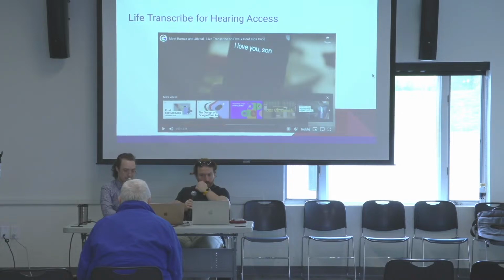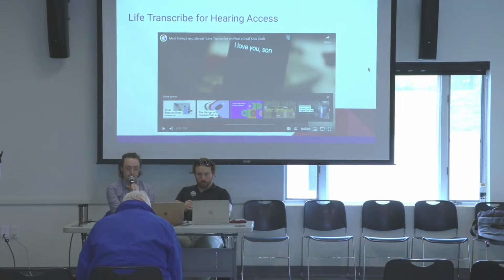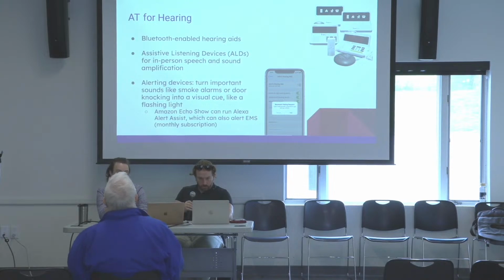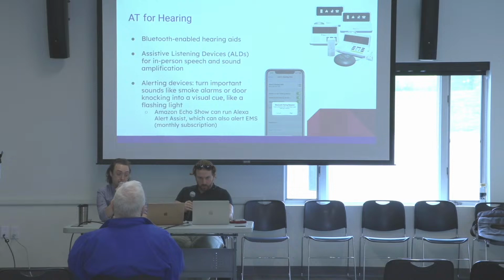So yeah, that's a little preview of how something like Live Transcribe could help folks with hearing impairments. Finally, we're moving on to AT for hearing. So these are the actual physical things that you can buy. Most hearing aids these days have a Bluetooth option. So Bluetooth is the way that your phone and computer can connect wirelessly to some type of device.